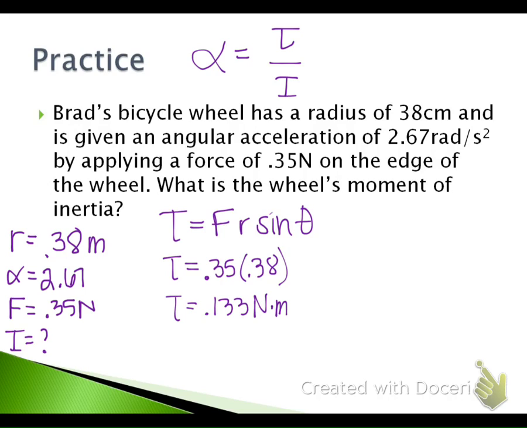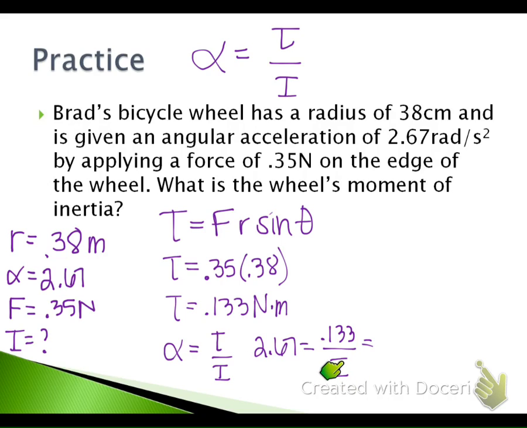Now let's plug in and solve alpha equals torque over moment of inertia. Alpha, they told us, was 2.67. Our torque was 0.133. And we're solving here for I, or moment of inertia. How do we solve for this I when it's on the bottom? We switch these two places.